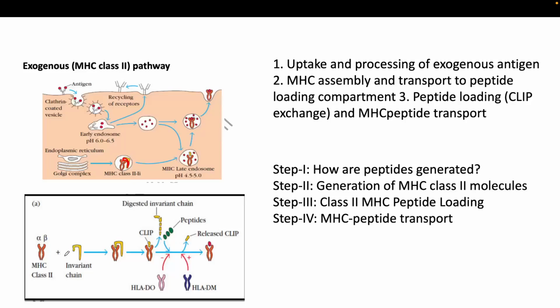So this is the MHC2 molecule, and this is the invariant chain, already present in bound form inside the endoplasmic reticulum. When the antigen is internalized and forms the late endosome, then this MHC molecule should fuse with this late endosome.